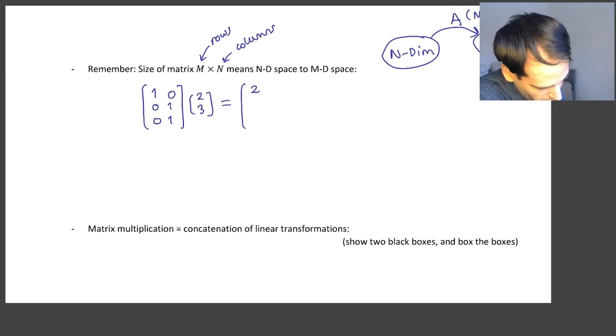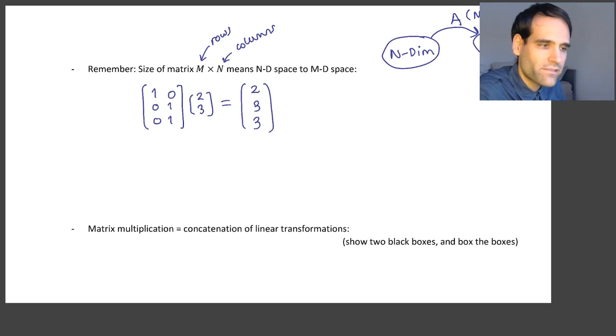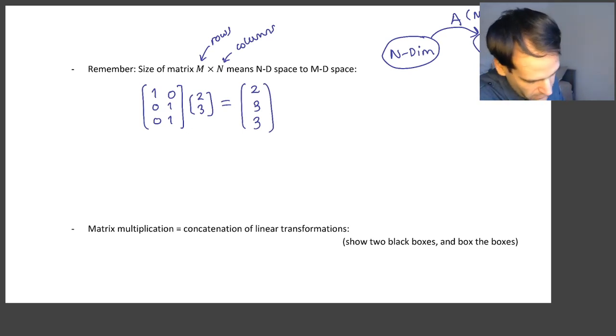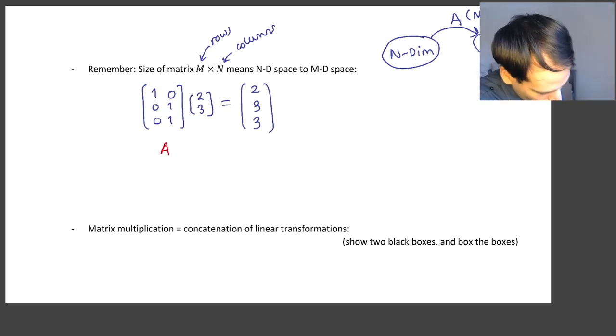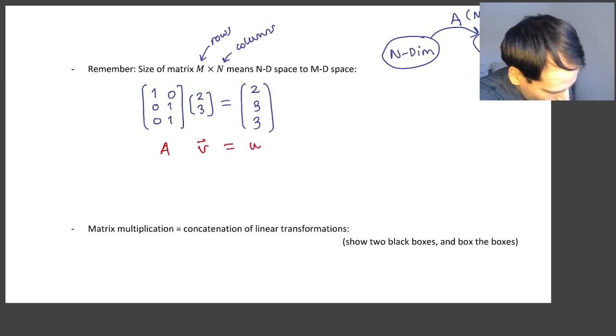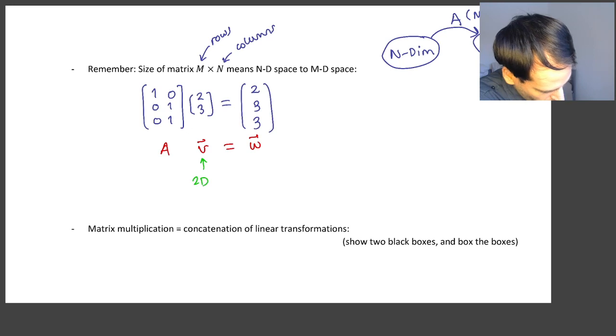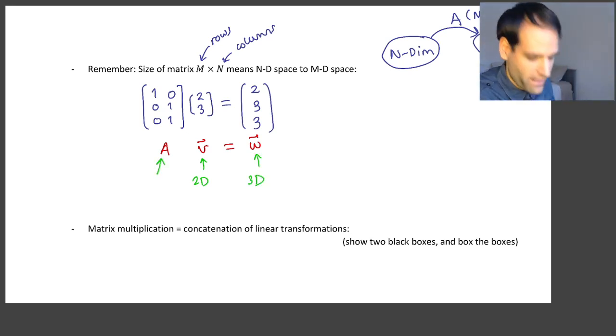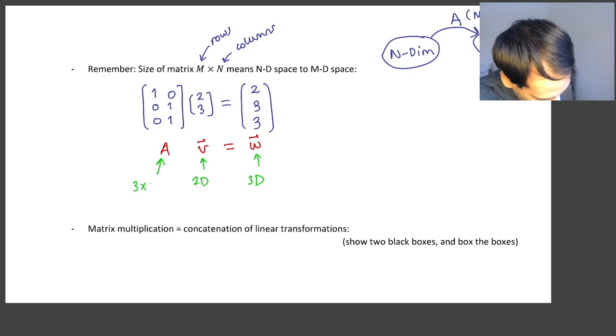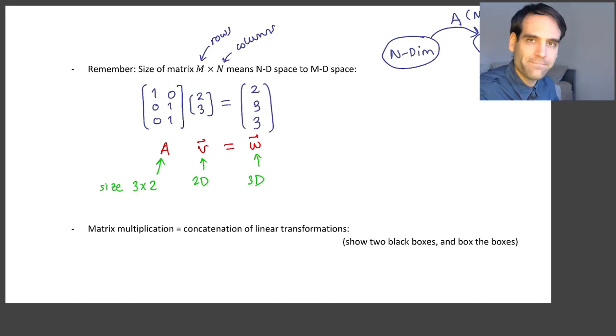And 2 times 0 plus 1 times 3, that's 3. And then finally you would have 2 times 0 plus 3 times 1, which is 3. So the result is a 3-dimensional vector. Notice that indeed A times v equals w, and v is a 2-dimensional vector, while w is a 3-dimensional vector. And that is because matrix A has 3 rows times 2 columns. That's the size.